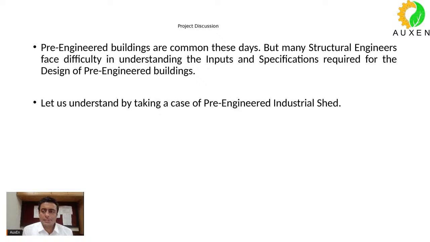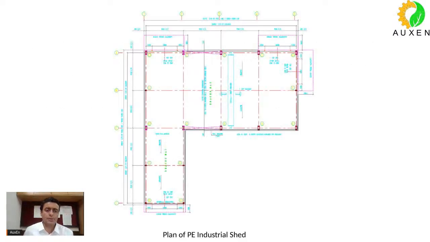But many times, as structural engineers, we struggle to understand the inputs and the specifications required for design. So let us understand that, and I'll tell you what are the important inputs and specifications that you should keep in mind when you are doing any pre-engineered building. Here, I'm going to focus more on pre-engineered shed, industrial shed type of structure.